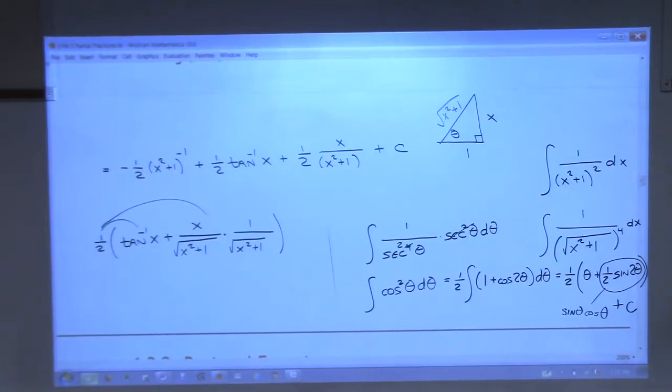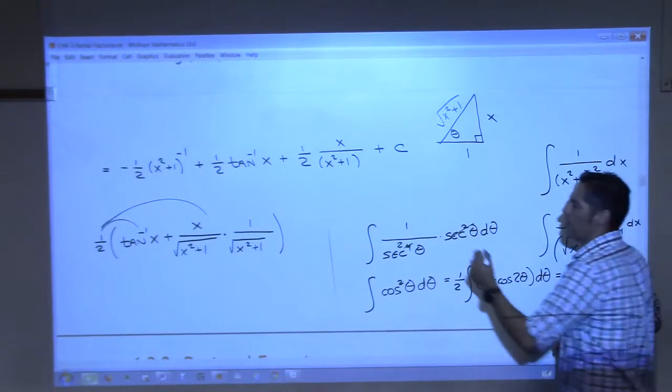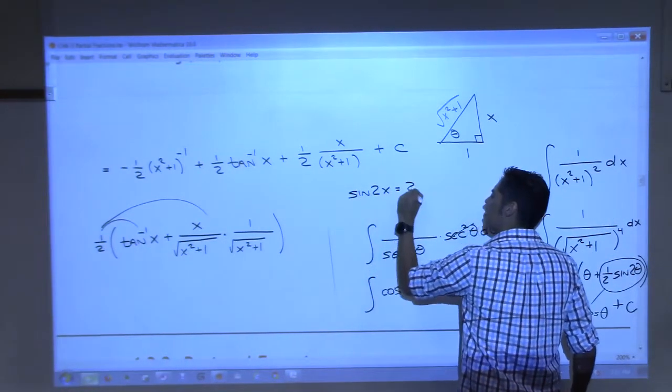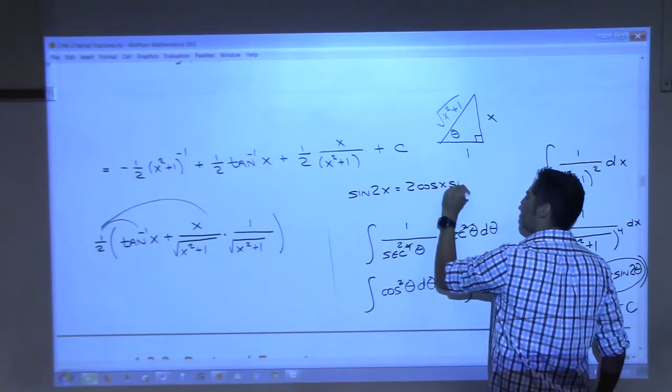How is that 1/2 sine 2 theta, sine theta cosine theta? Well, sine 2 theta is a trigonometric identity from pre-cal. In pre-cal, we learned that sine 2x is equal to 2 cosine x sine x, or you can do it the other way around.